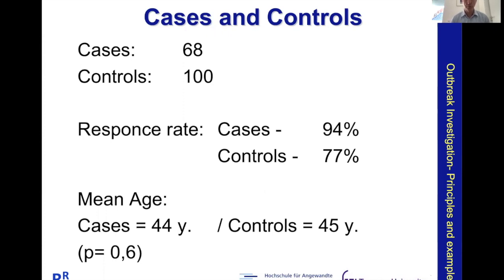Assuming that some might be asymptomatic cases, it would probably lead to our results being diluted. So the results would not be as clear-cut as they could be. So if we still see a difference, it might be even bigger, and the risk factor might be even stronger.